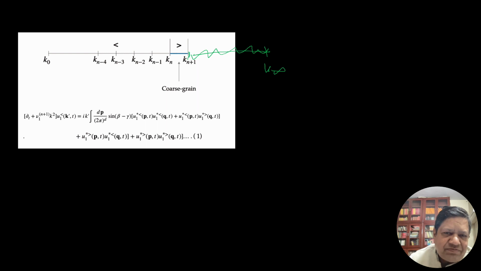I am here. My viscosity at that scale is nu n plus 1. And what are the modes available to me? Fourier modes. So we have lots of Fourier modes all over, right? I am interested to see what is the viscosity at Kn. These modes, I call them less variables.